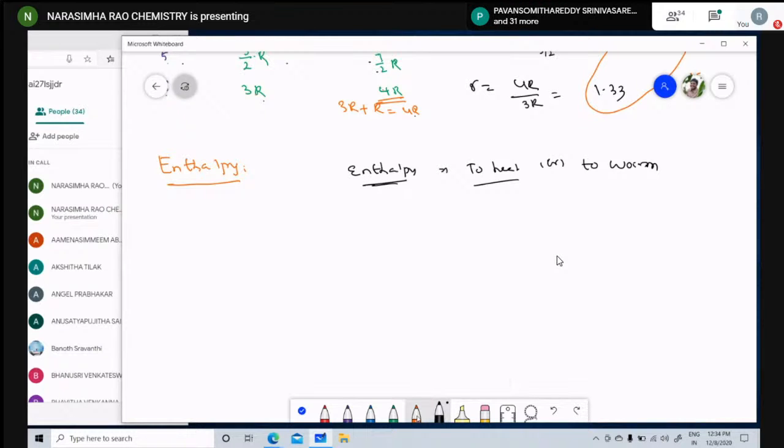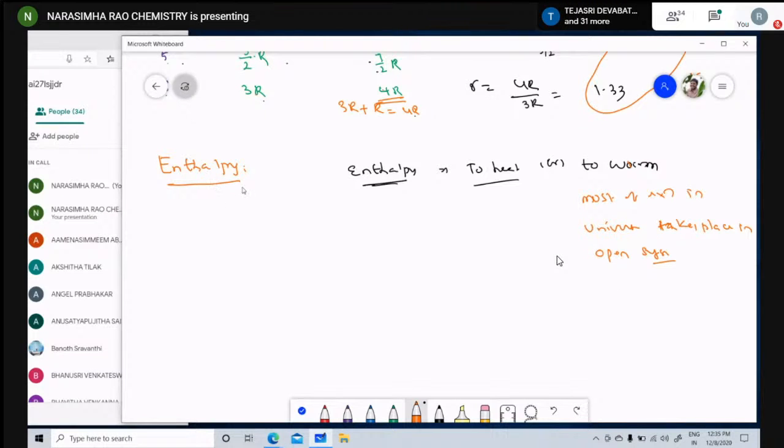Most of the reactions in the universe take place in an open vessel or open system. Only a little bit are in a closed system, very little that is useful. Most of the reactions take place in an open vessel or open system.